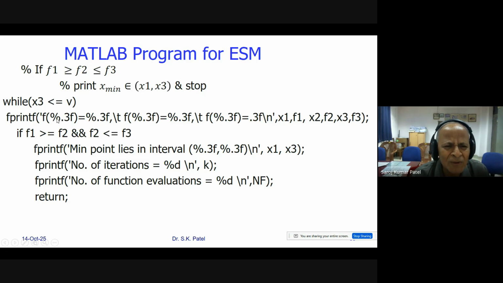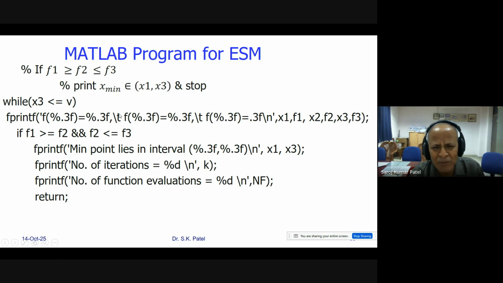So percentage 0.3f, in this space, the value of x1 will be printed. Then bracket close will be printed, then equal to, then percentage 0.3f, in this place the value of the next variable f1 will be printed. Then comma will be printed.